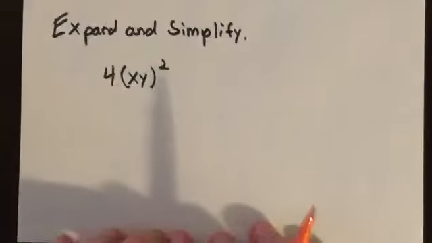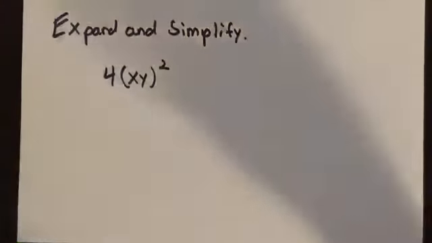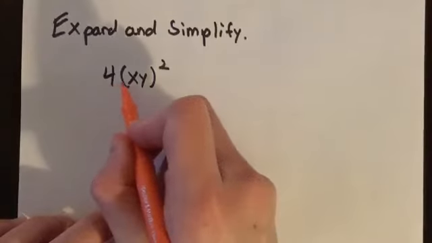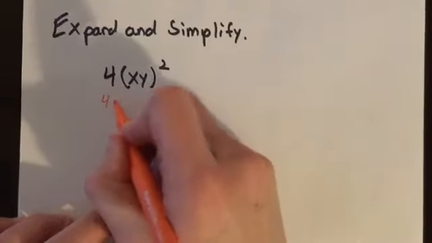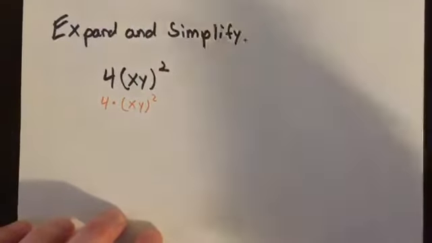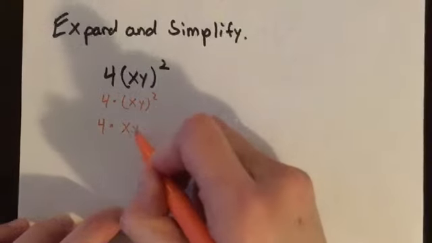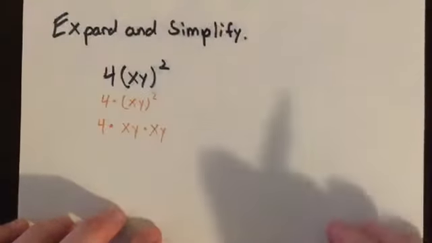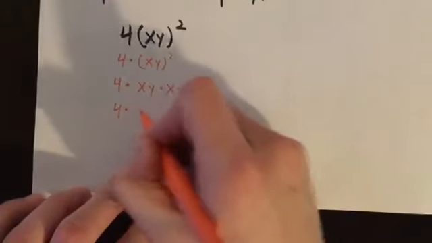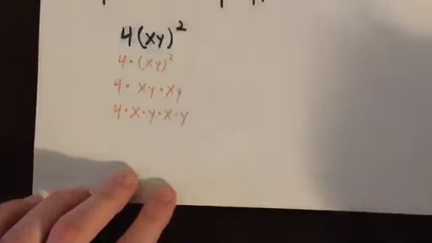Let's do another example of our expand and simplify. A little preview as to what we're going to do tomorrow. First thing I want to notice is that this is 4 times xy squared, where that xy is the base, meaning it's being multiplied by itself twice. So that's xy times xy. We should notice that x and y are also being multiplied, so I can show that. 4 times x times y times x times y.